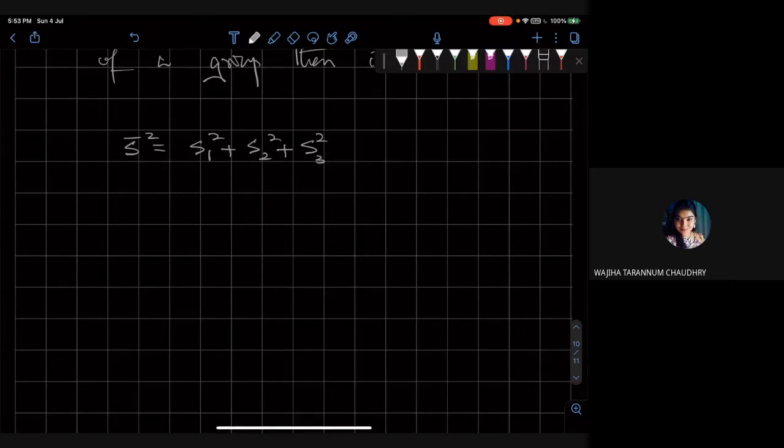Now, the thing is that S1 is equal to what? 1 over 2 (S plus plus S minus), right? S2 is 1 over 2i (S plus minus S minus), right?